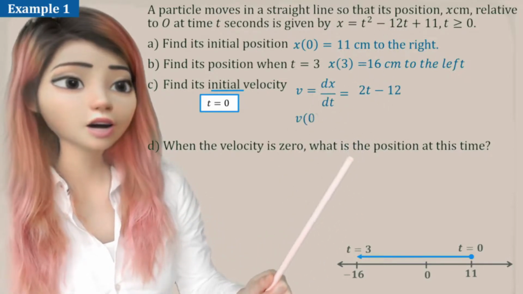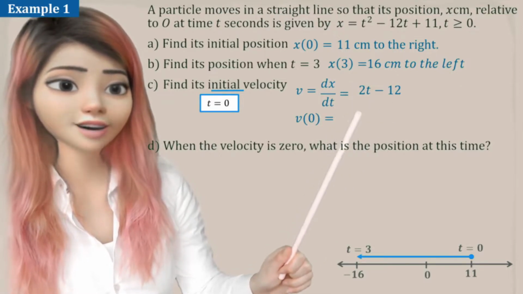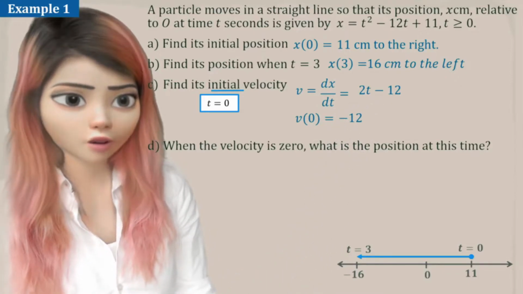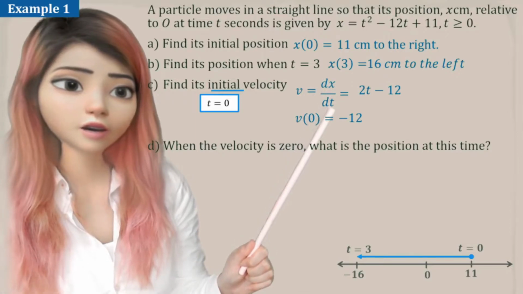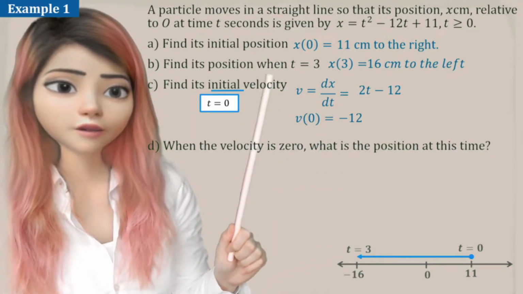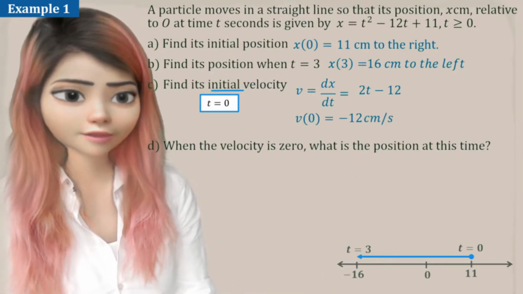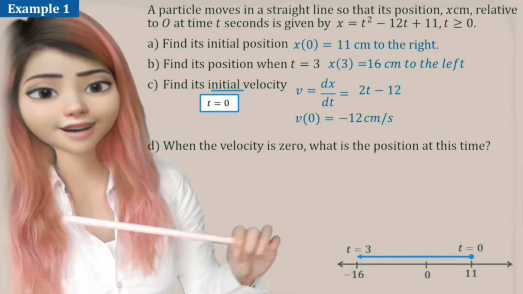Letting time equal 0 because it's initial, we have 2 times 0 minus 12, which is just minus 12. x is in centimeters and t is in seconds, so it will be centimeters per second. And notice that we were traveling this way, so it makes sense that the velocity is negative.